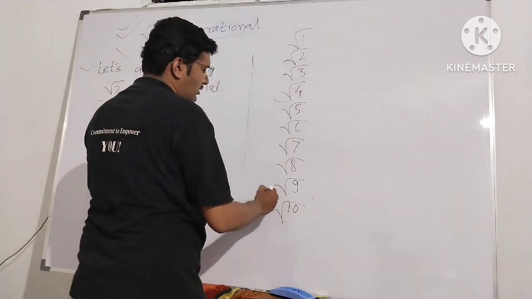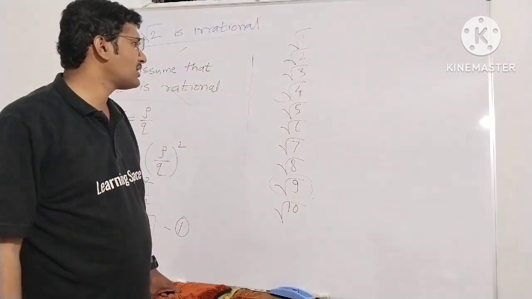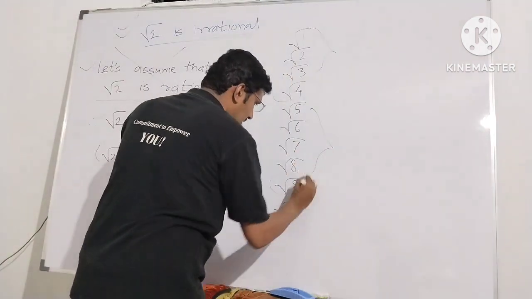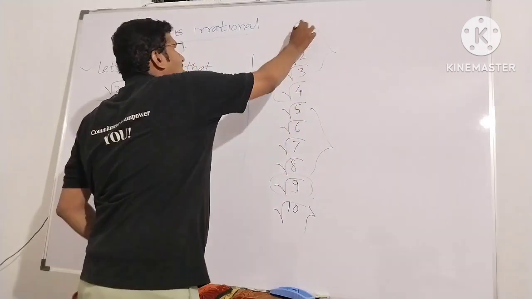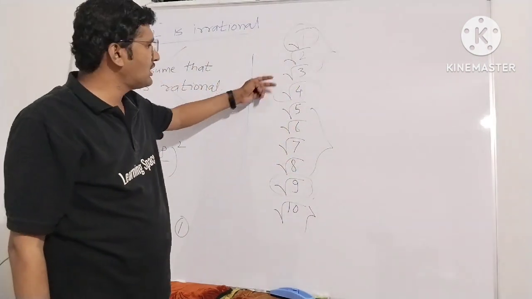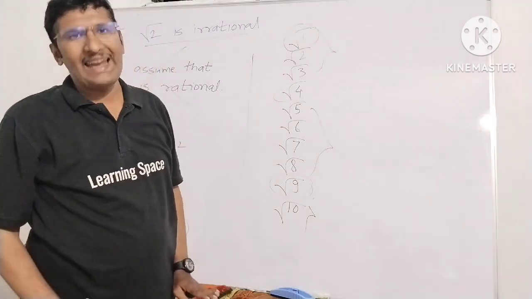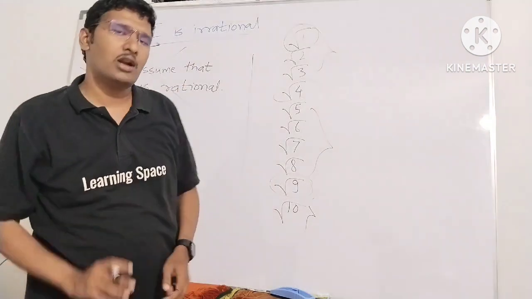Since 4 and 9 are perfect square numbers, and even 1 is a perfect square number, root 2, root 3, root 5, root 6, root 7, root 8 and root 10 can be proved to be irrational numbers.